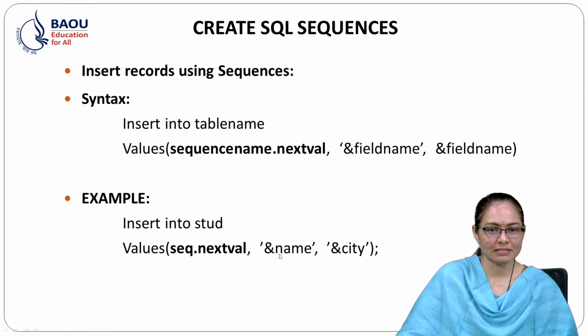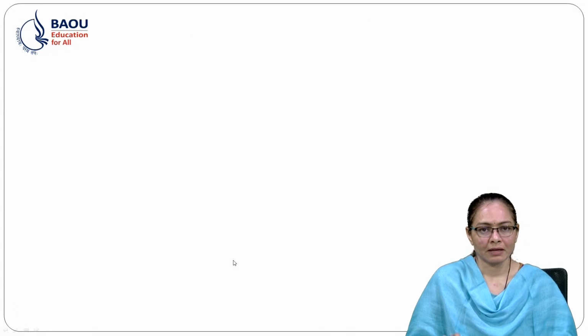After that, this ampersand asks the user to enter the value for the name field, and this one asks for the value for the city column. So, this command is used to insert the record using the sequence. We can't insert the record into the roll number. Here the name and city columns are there, but the value in the roll number column is automatically generated.